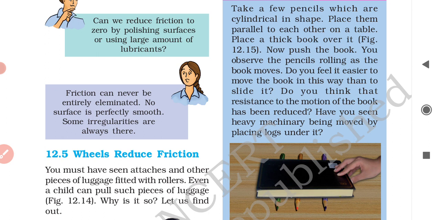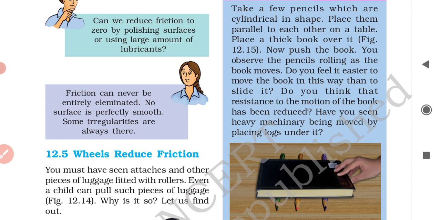Do you think that resistance to motion of the book has been reduced? Yes, resistance is reduced, that is, friction to the motion of the book is reduced. Have you seen heavy machinery being moved by placing logs under it? Yes, you have seen, right?